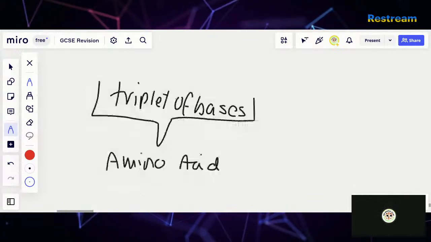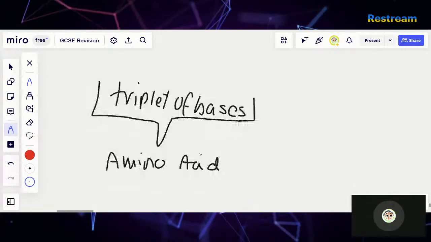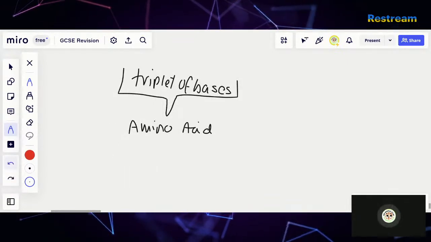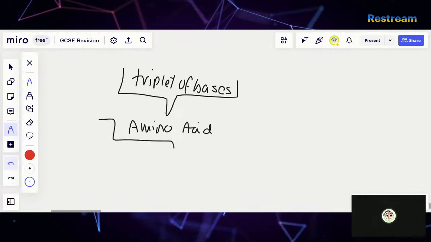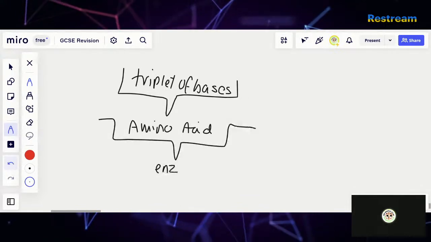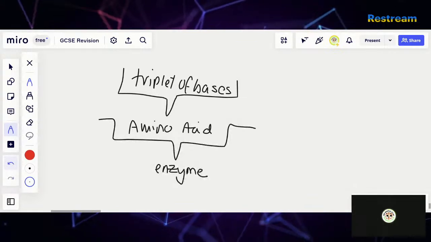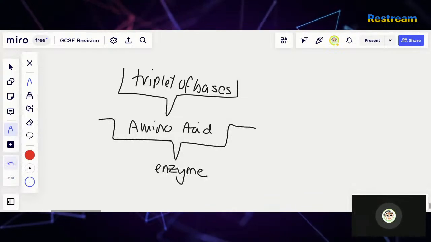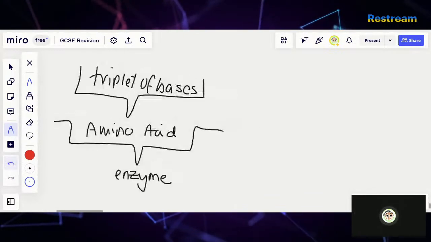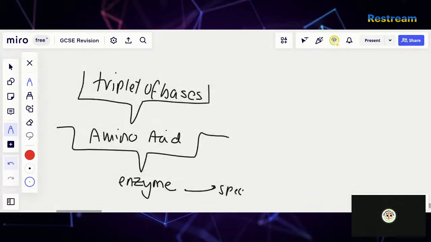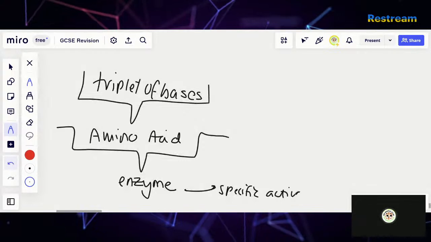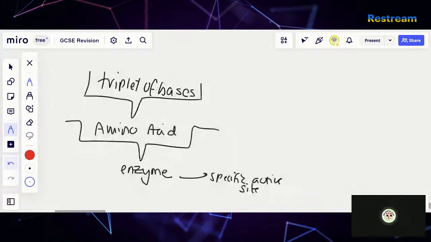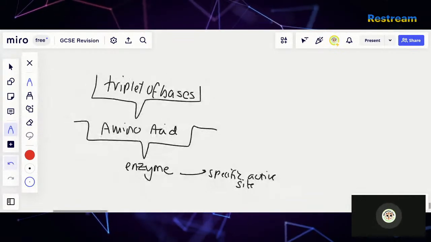So when there's a change in the amino acid, we know that the amino acid then forms, in this case, the enzyme, and the enzyme has to have a specific shape to break down a substrate. So an enzyme must have a specific active site. Now, all of these proteins fold in a really particular 3D structure, a unique structure that will only form that specific protein or that specific enzyme.